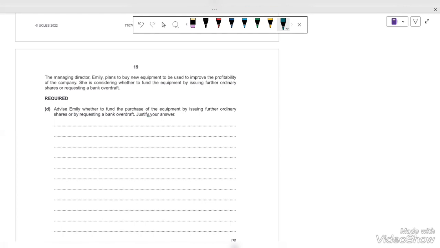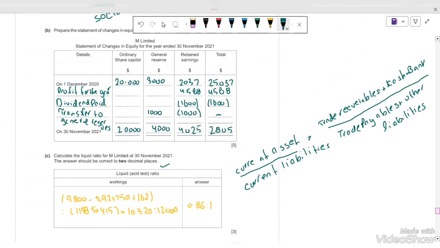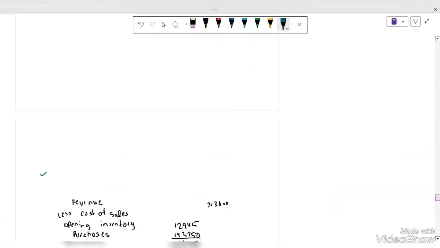So this is sources of finance, and you have already studied this in your business book. You will find this topic in section 5, sources of finance, in the O levels business book. Okay, so we have these questions.